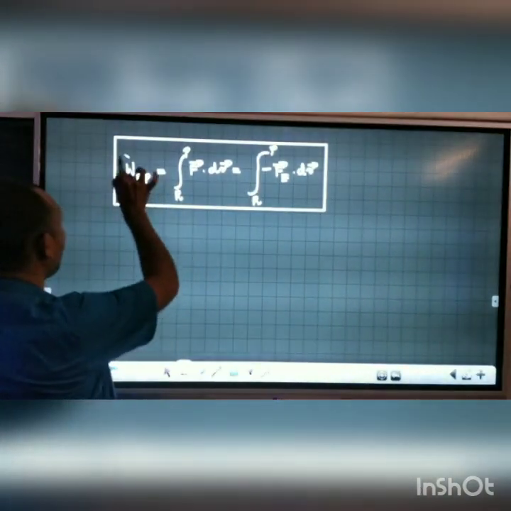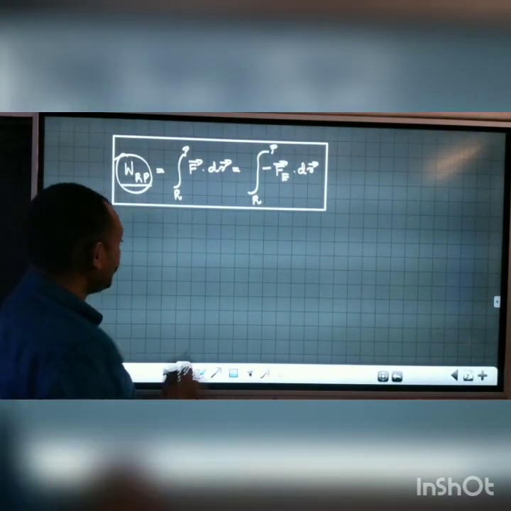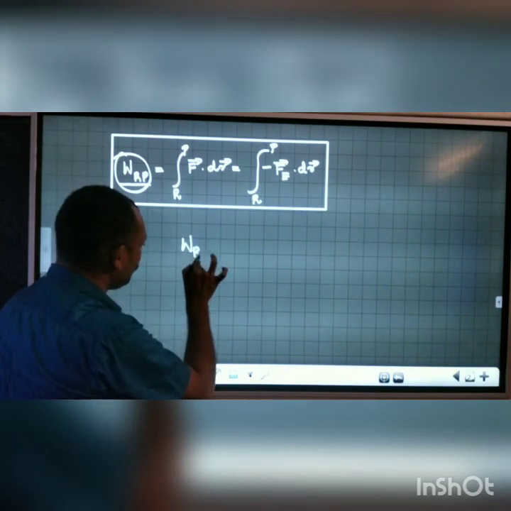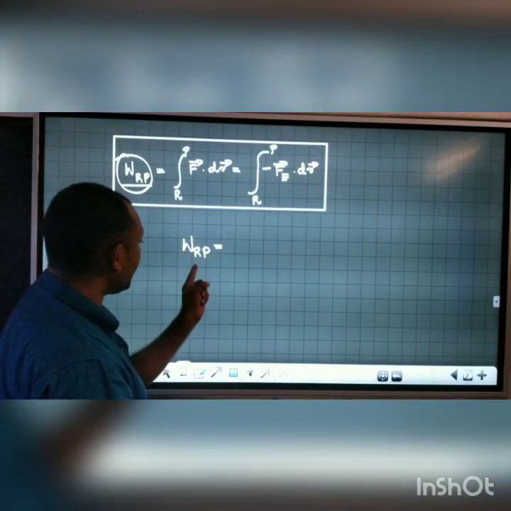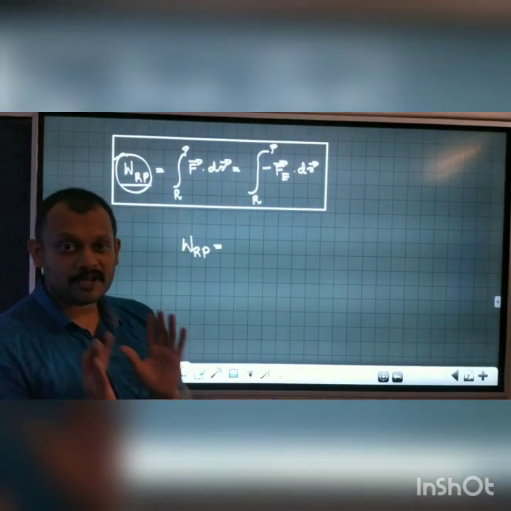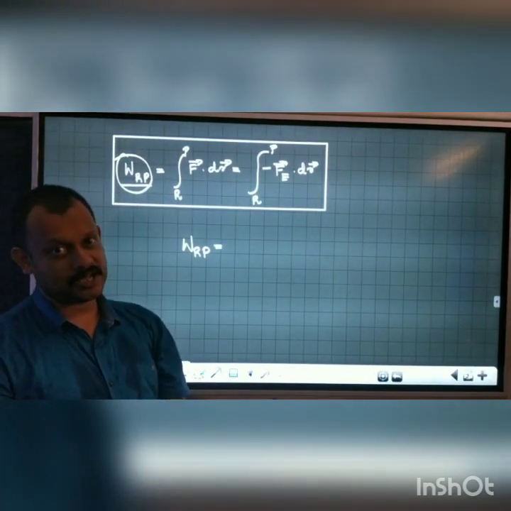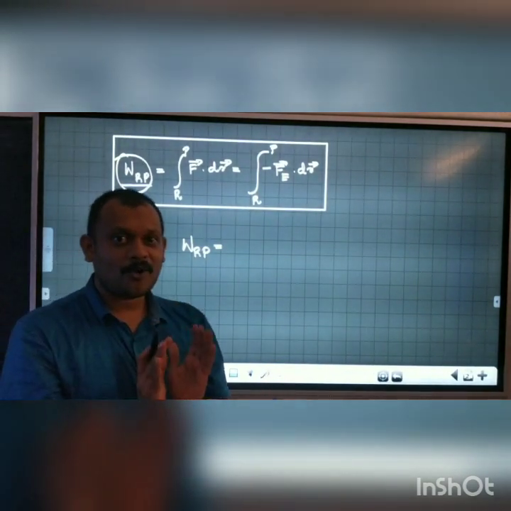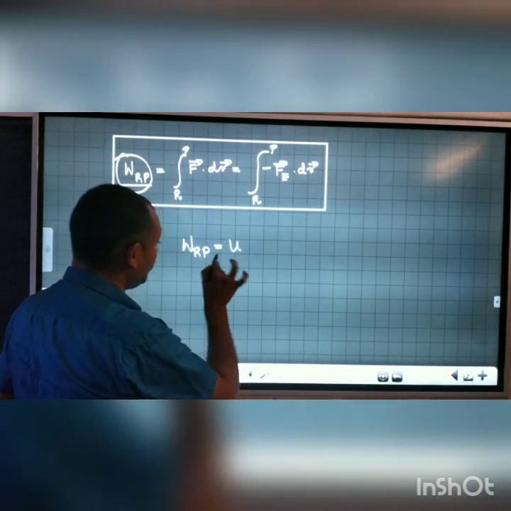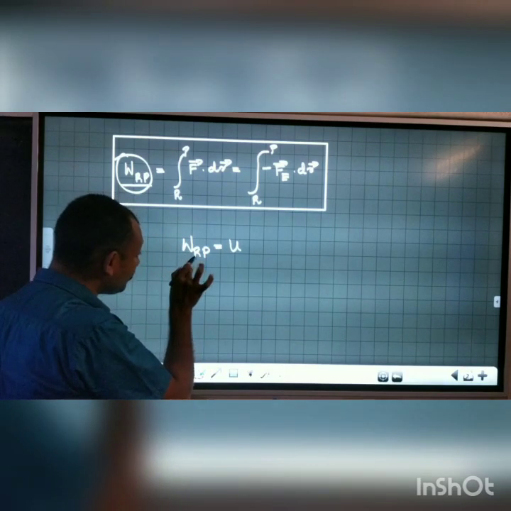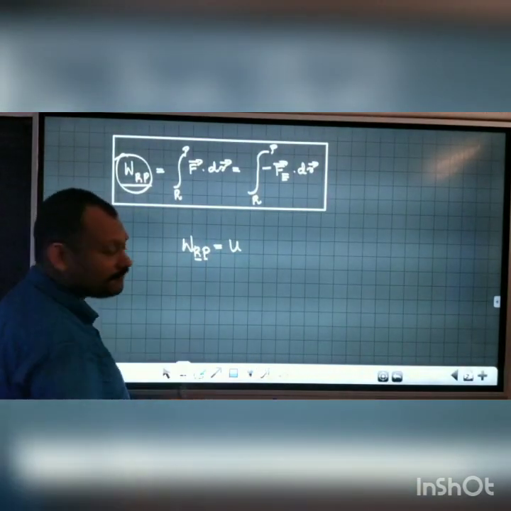This is what W_RP means. It's the work done to take a charge from R to P. So I can say W_RP, the work done by the external agency in taking a charge from R to P, will be stored as the electrostatic potential energy. So R is the initial position and P is the final position.